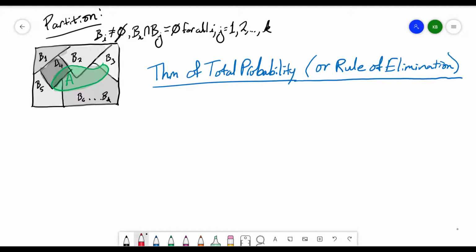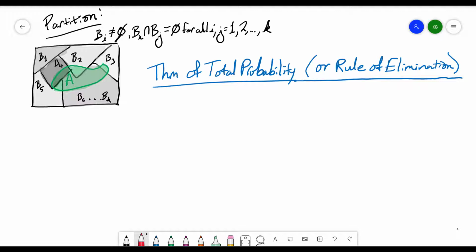So when we're talking about total probability, we need to think about our sample space as a partitioned set of outcomes. So in a partition, it's broken up into pieces like my B1, B2, B3, B4, B5 here.